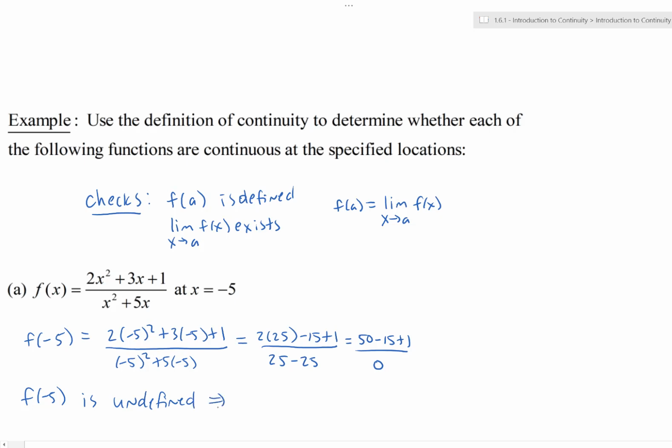We're supposed to use the definition? Well, I just did, because all I did was check whether the function is defined or not, and it's not at this location. And hence, f is discontinuous at x equals -5. Bam.